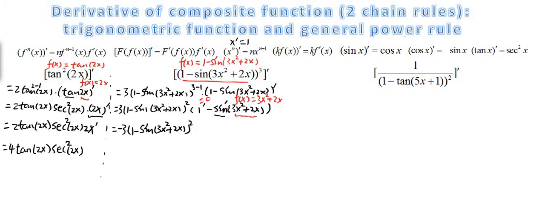And here, we're gonna apply the chain rule. Derivative of sine is gonna be cosine. Cosine f(x) is here, 3x squared plus 2x, and the derivative of f(x).